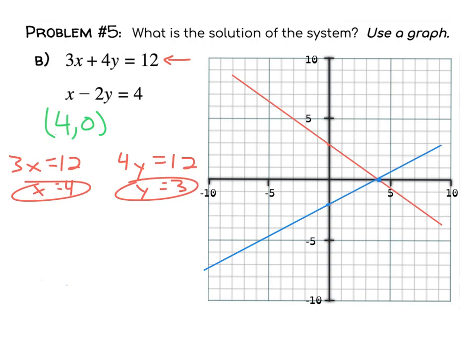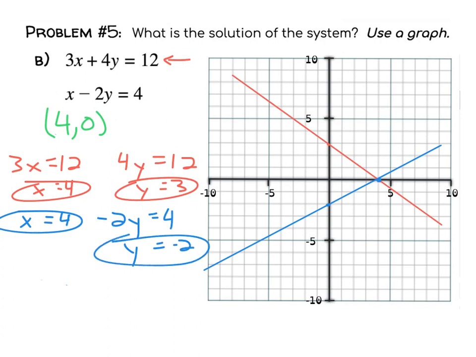Doing the same thing for blue, we can just take the x term, x, equal to the constant on the right-hand side, and we can take just negative 2y equals 4, just the y term, equal to the constant. This is already solved. This one would solve out by dividing by negative 2 to be y equals negative 2.